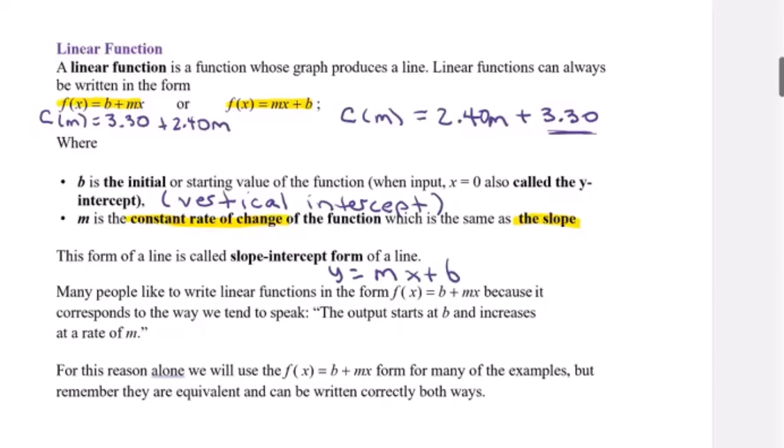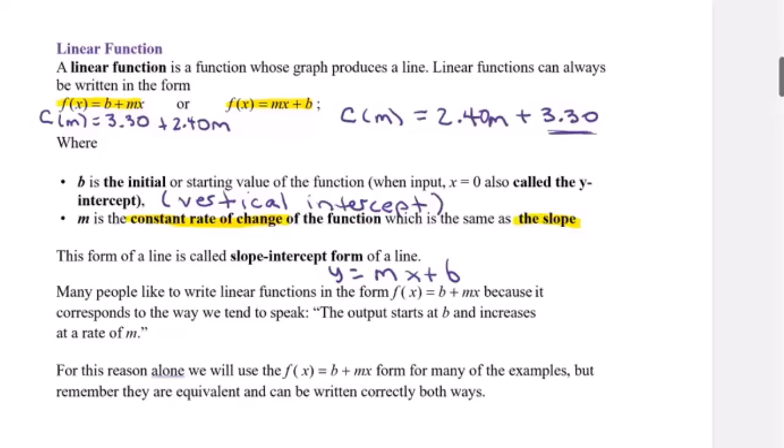So just to make it easy, it actually is called exactly what it looks like. Many people like to write linear functions in the form f of x equals b plus mx because it corresponds to the way we tend to speak. The output starts at b and increases at a rate of m.